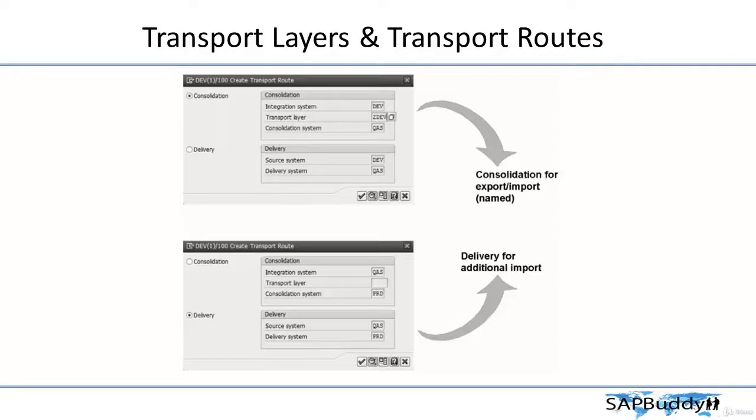So once we create this transport route, we need to distribute the new configuration data to all the systems which are linked to this particular transport domain. To reduce the effects of specific individual transport routes, you can use the standard configurations.